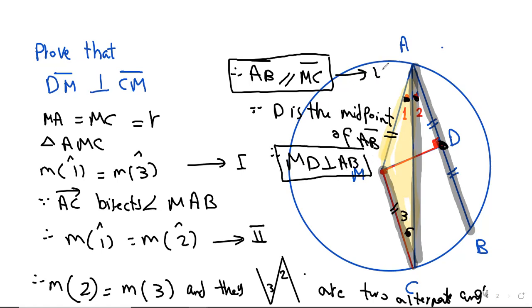From 1 and 2, we have two parallel lines. They are parallel lines, and a third line, which is MD, is perpendicular to one of them. Let's focus on the two parallel lines again. I'm going to color them in red. Here, this is a line and this is a line. They are parallel.